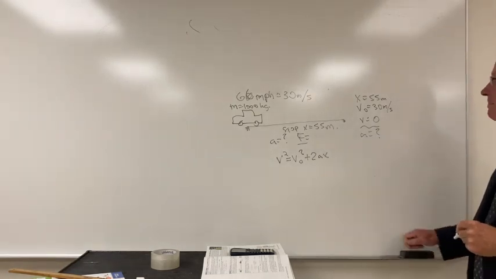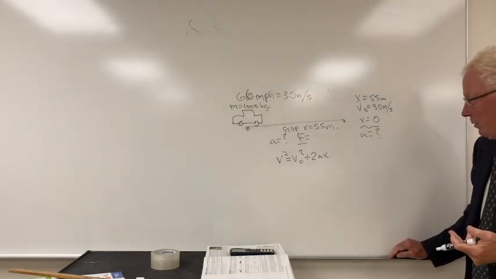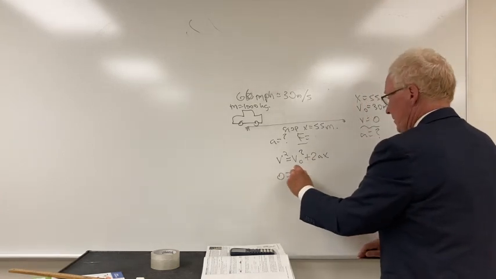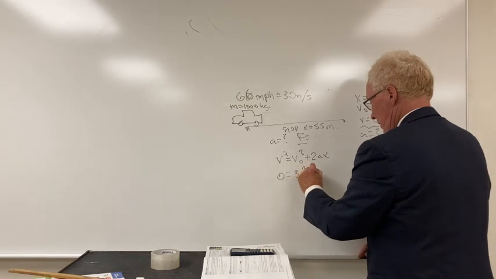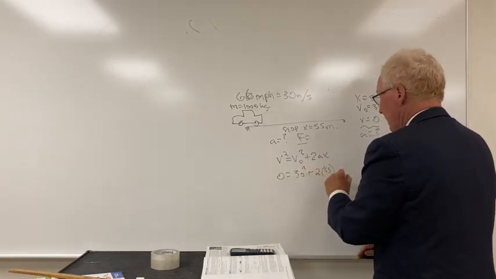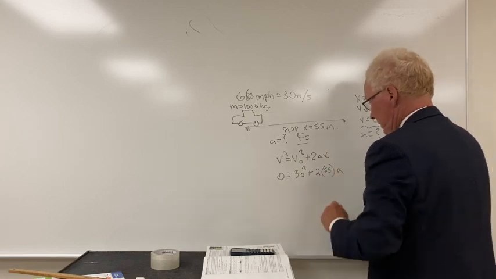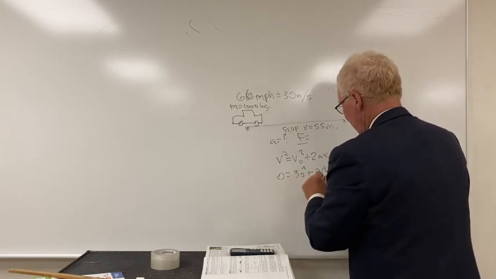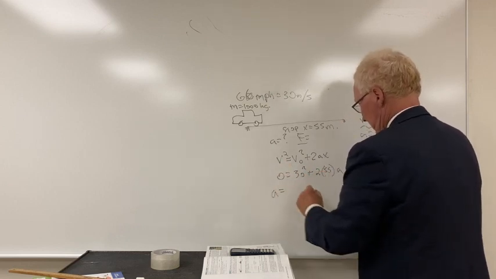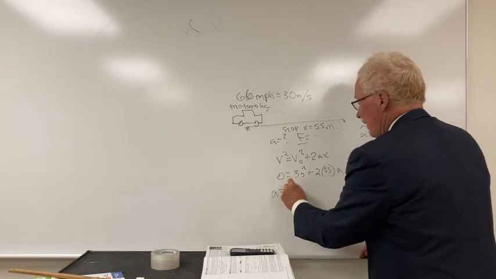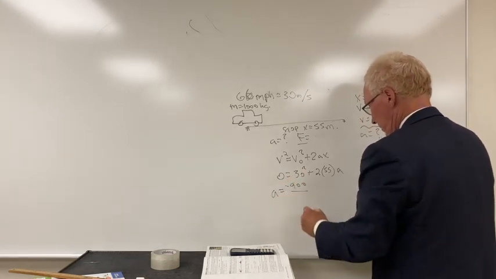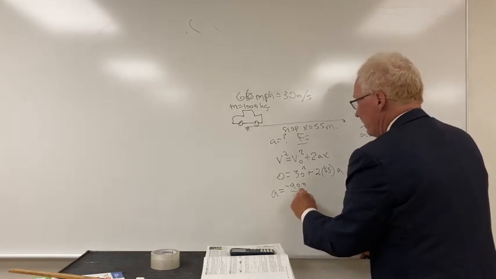All right. That's what we'd use. Well, V is 0. This is 30 squared plus 2 times 55 times A. So that would mean A would be, rearranging, minus 900 over 110.